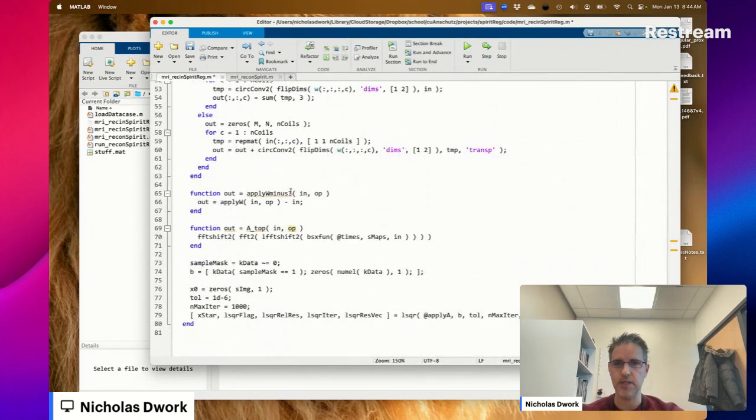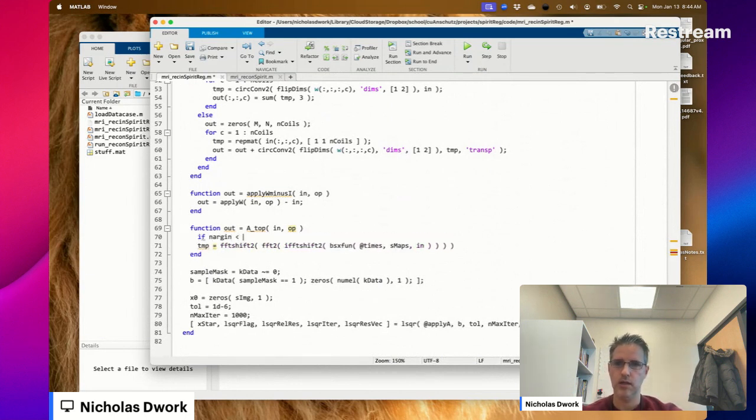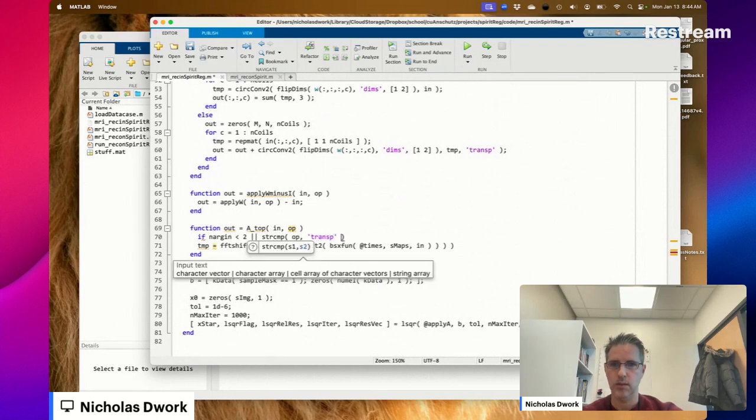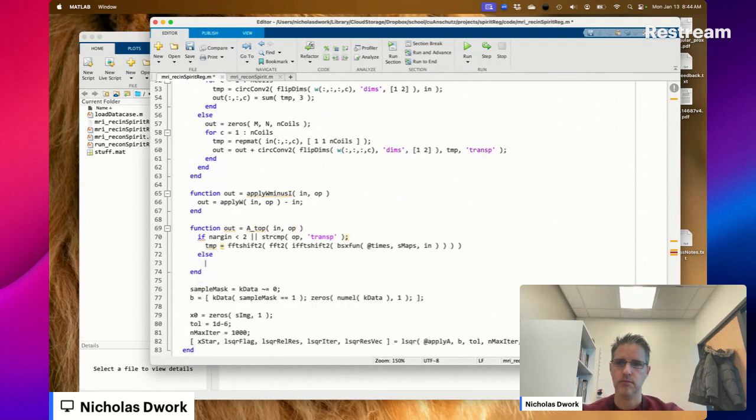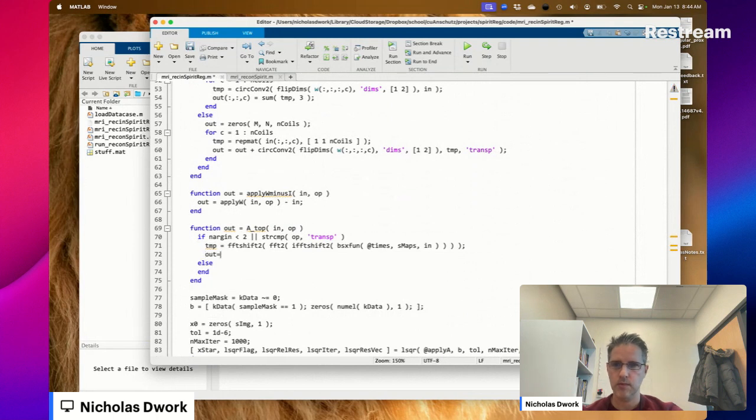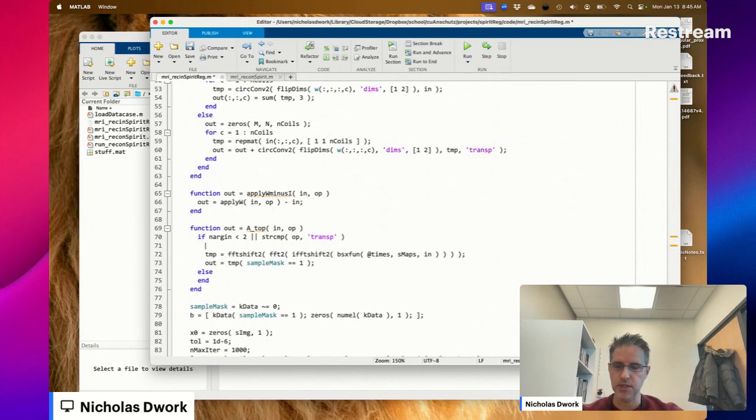Just return the values at the frequencies that were collected. I think we went through this thing where LSQR assumes that everything's a vector, the inputs and the outputs are vectors.